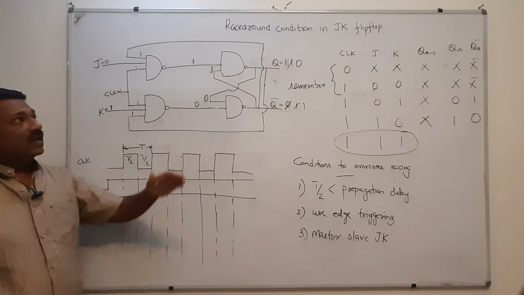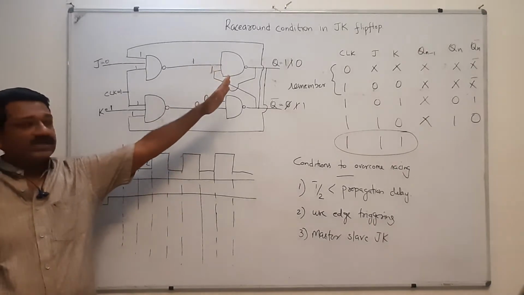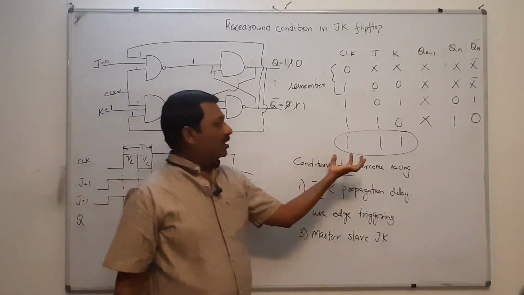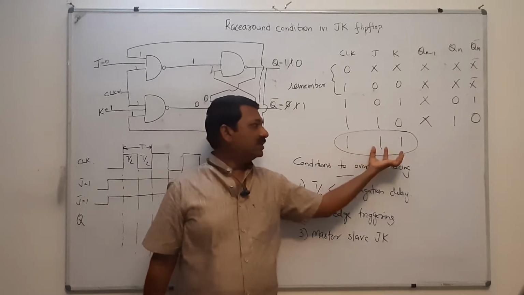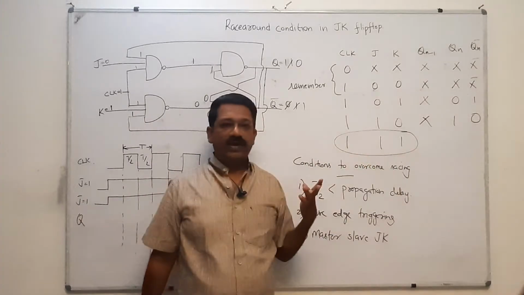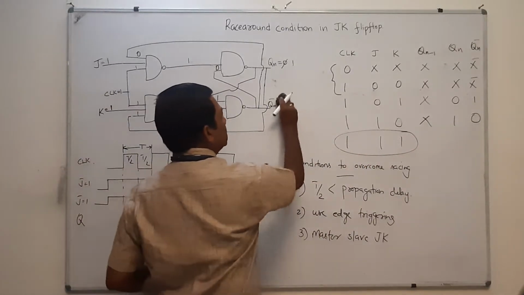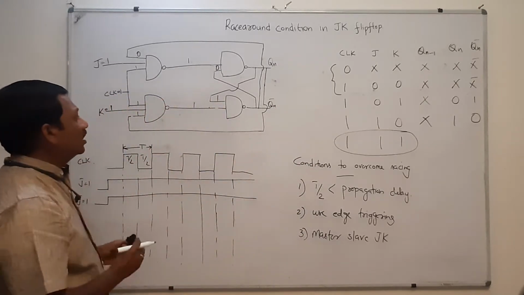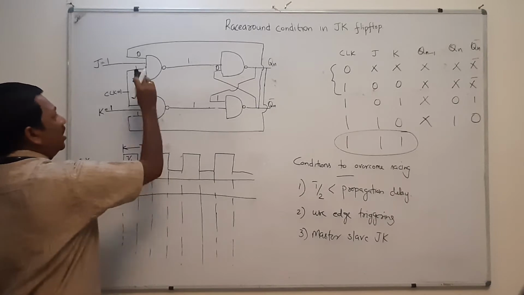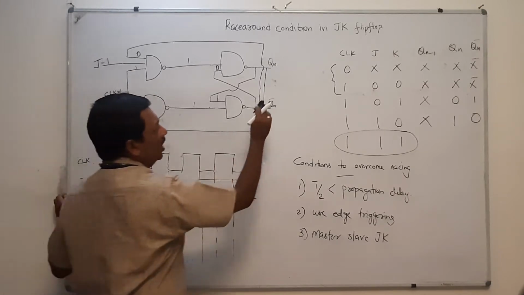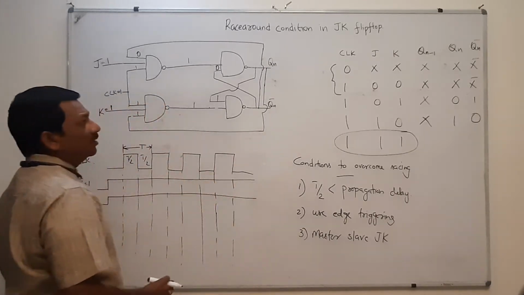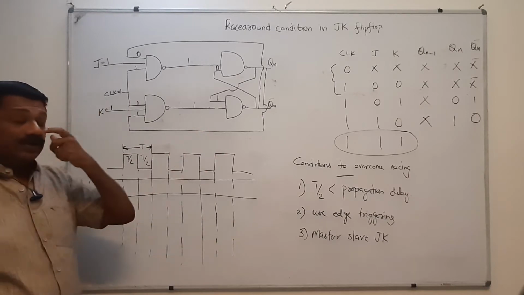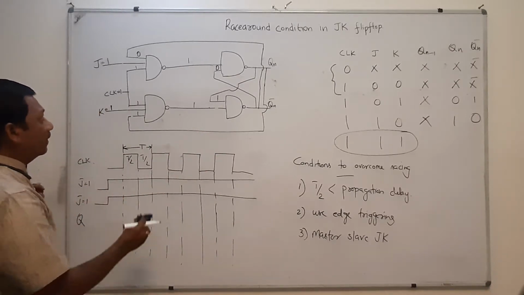Here, the race around condition is happening when the clock is 1, J is equal to 1 and K is equal to 1. Okay, we are going to discuss the race around condition, and that will happen when J is equal to 1, K is equal to 1 and clock is equal to 1.